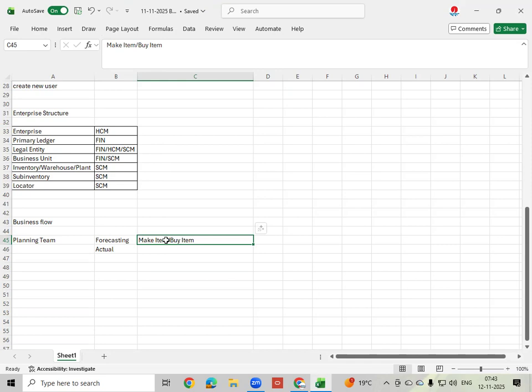So on 1st January or 2nd January, I should have 1000 quantity of finished good stock in my organization warehouse. When should I start manufacturing? At least I should start on November 1st, right? So then only I will have this.